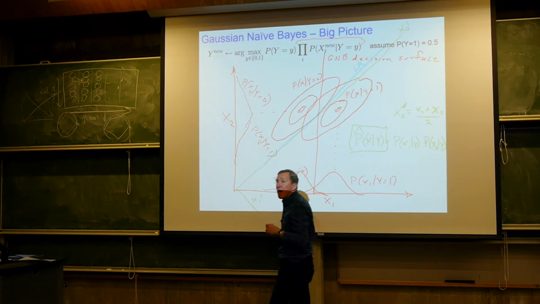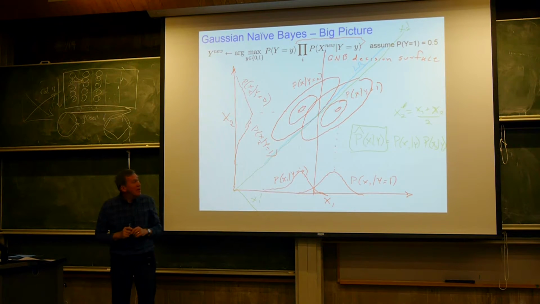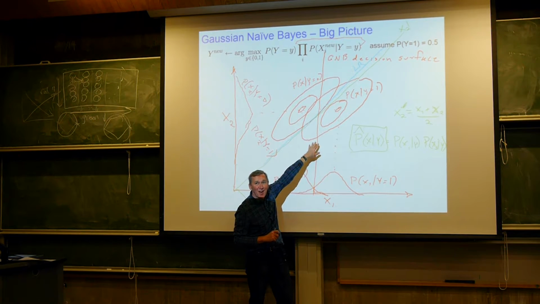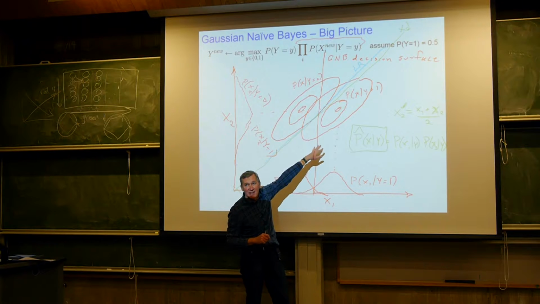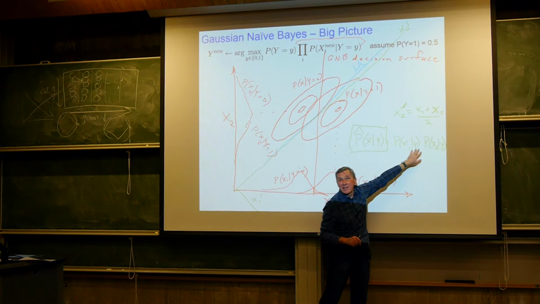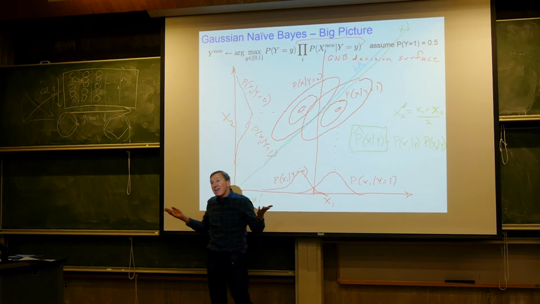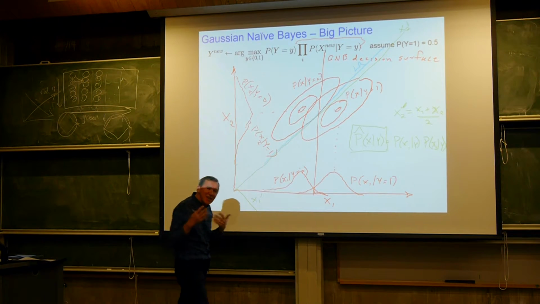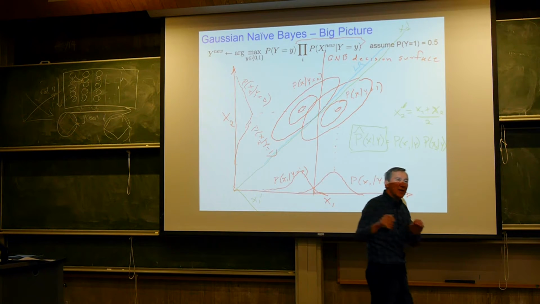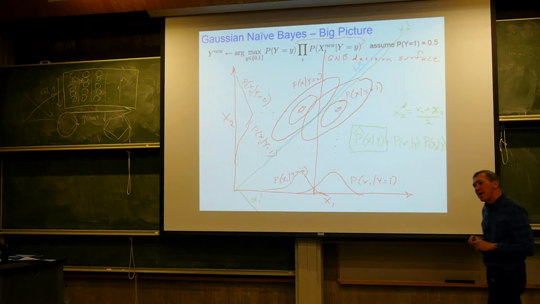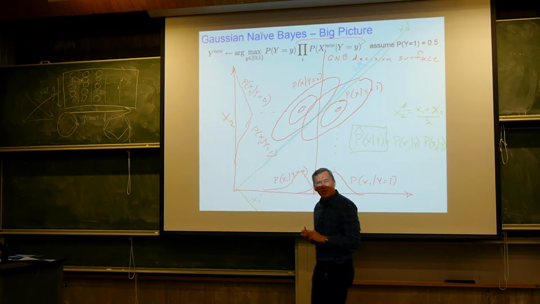Basically, in terms of Gaussian naive Bayes, it means that even if the real multivariate Gaussians are elliptical, not aligned with the axes, anything that you're going to compute based on this conditional independence assumption will be axis aligned. So this actually leads to another idea, which we'll pursue later in the course. Maybe sometimes it's going to be good for us to transform the space in which the data is represented.